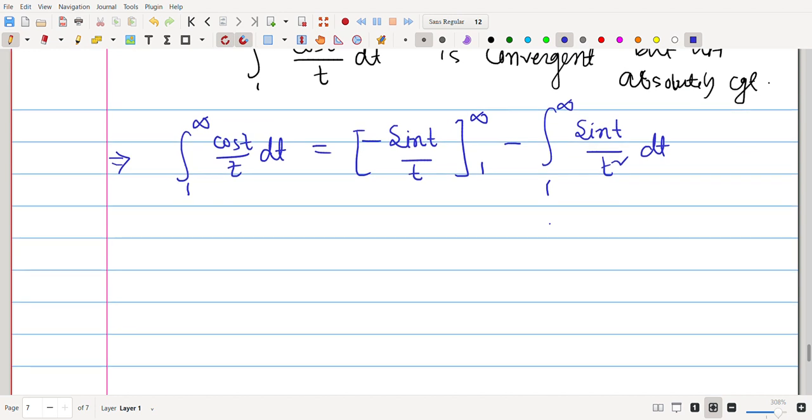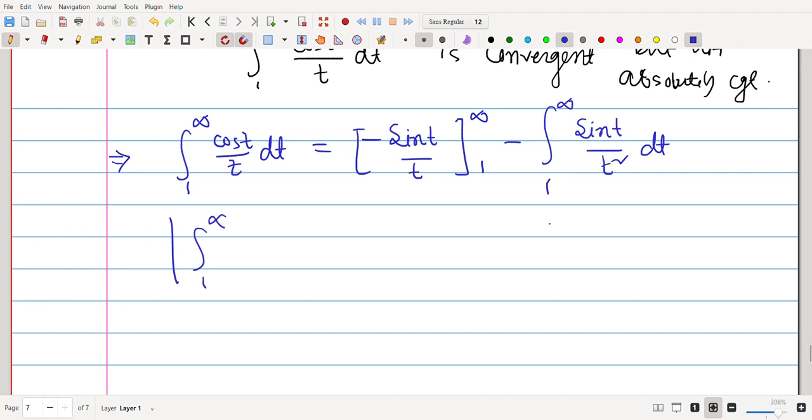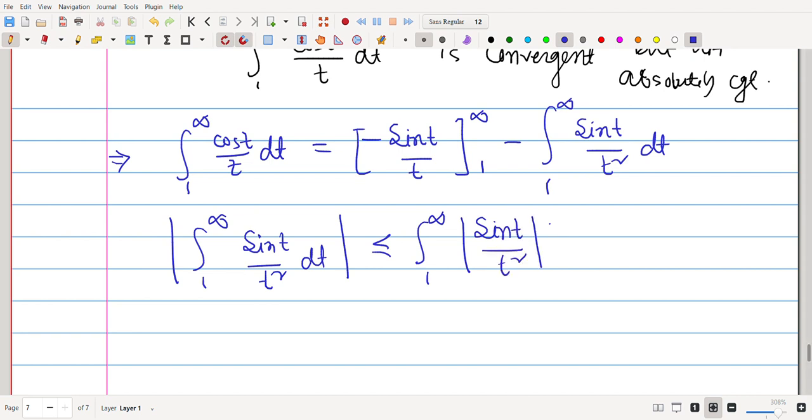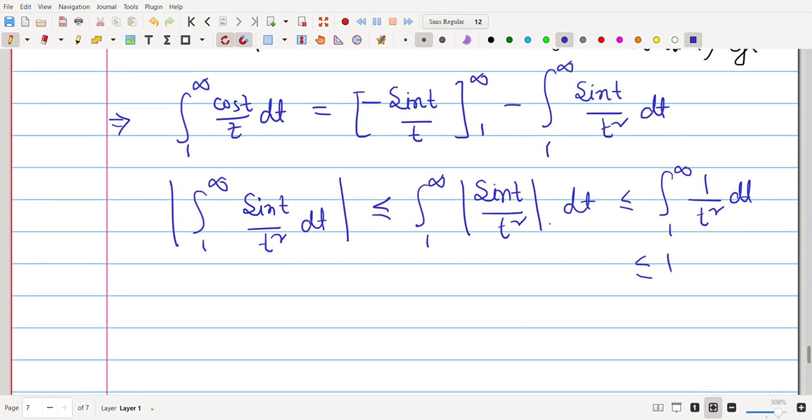Now observe that the integral of sin t by t squared dt is less than or equal to 1, right?